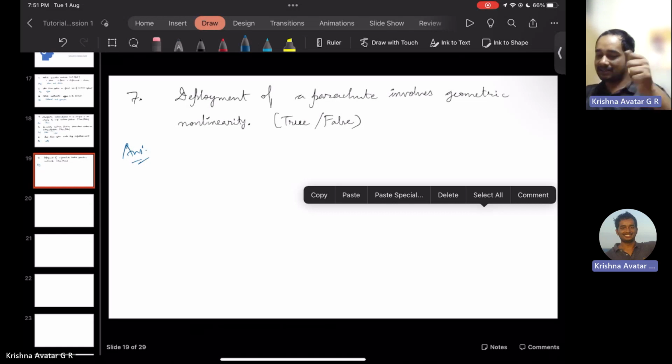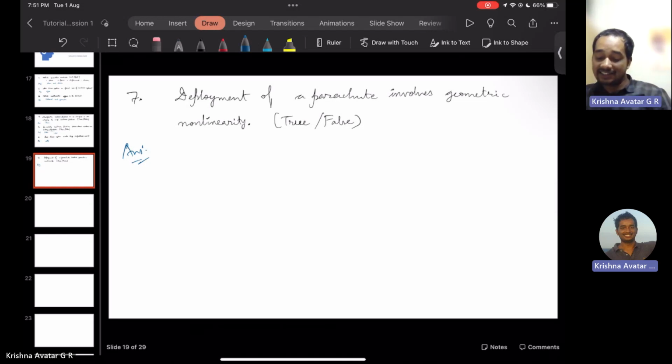The tension orientation keeps on changing due to the strings on the parachute. So it doesn't involve geometric nonlinearity.